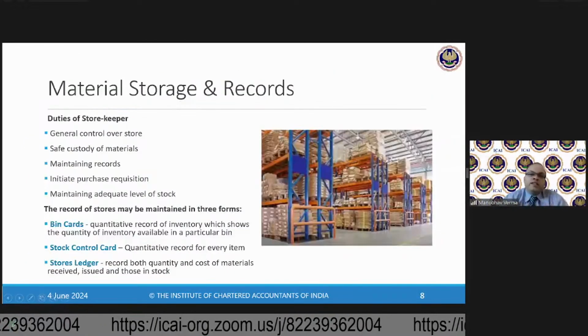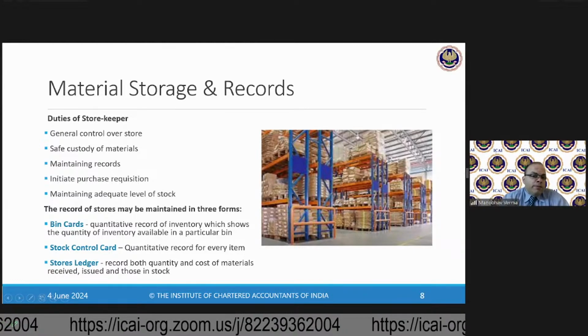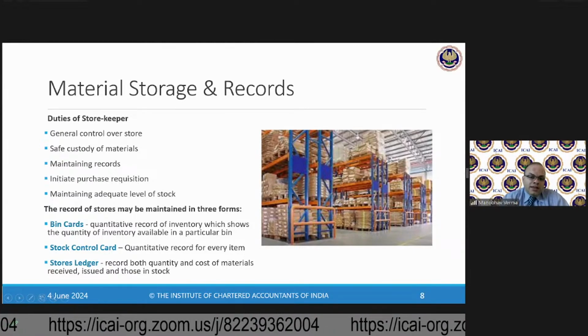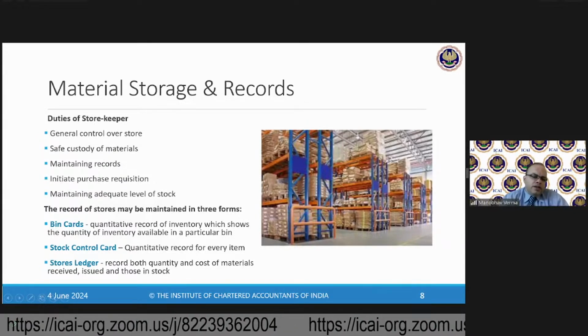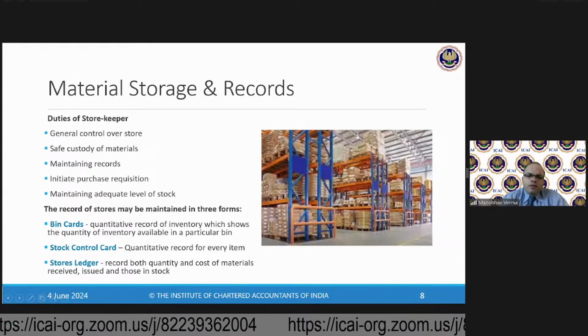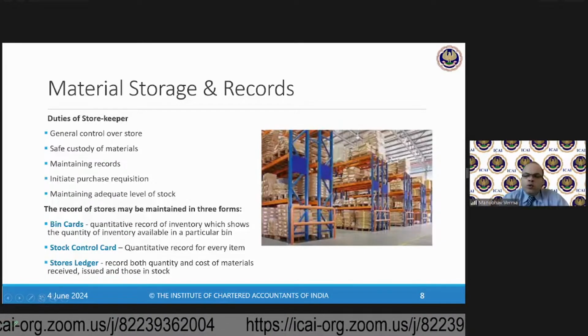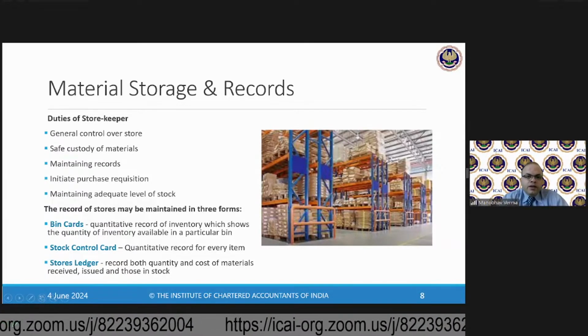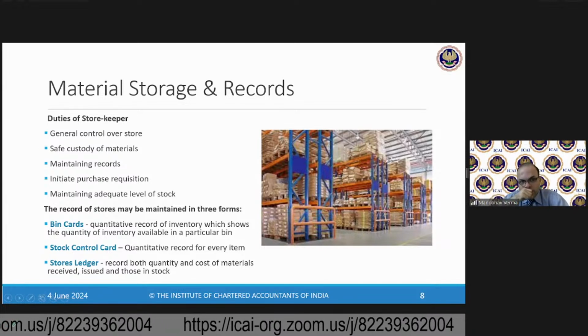So we are talking about material storage and records quickly. In terms of the material storage and the records here, guys, it's very imperative that we understand that the storekeeper is not only involved in safe custody, but also in ensuring that the flow is smooth, right?